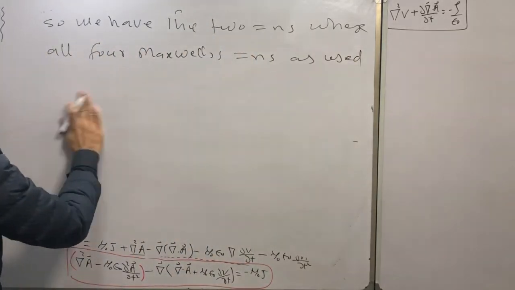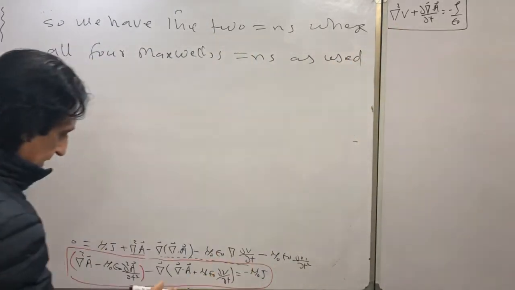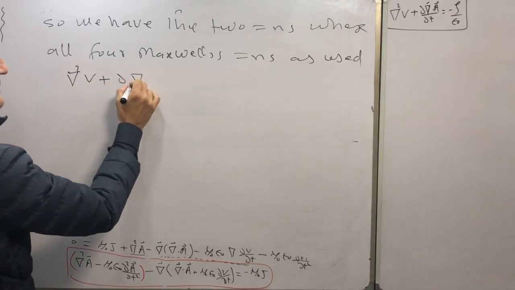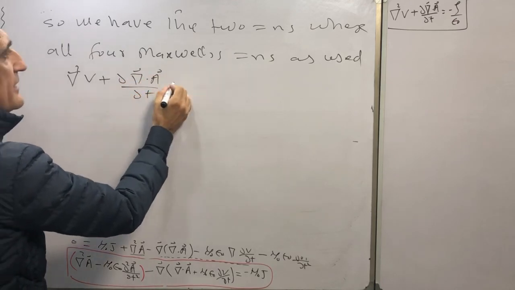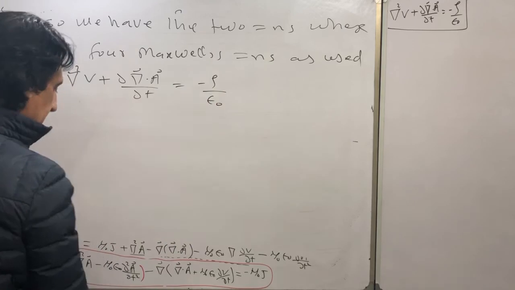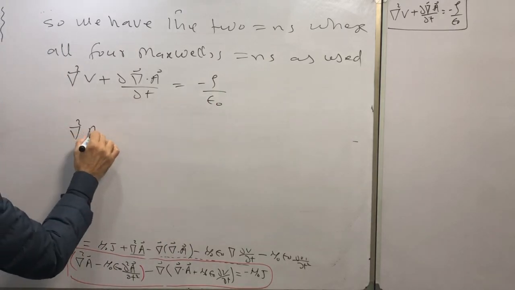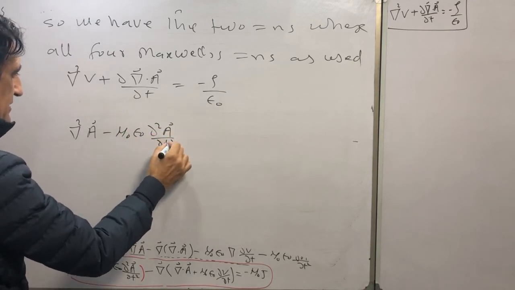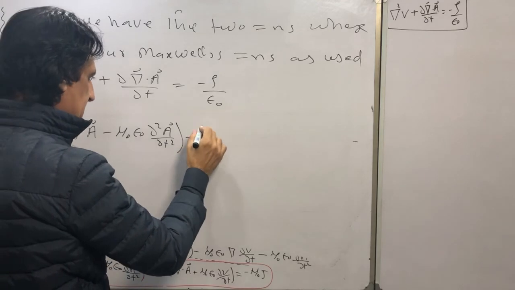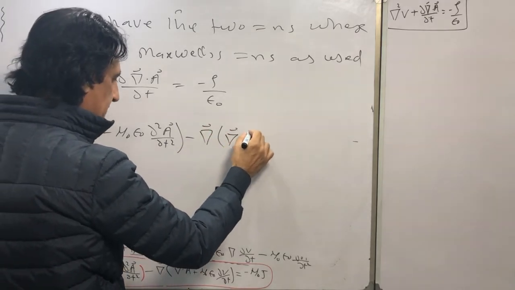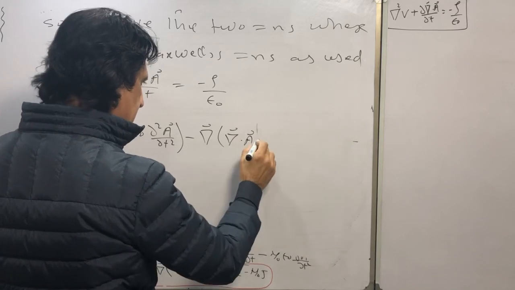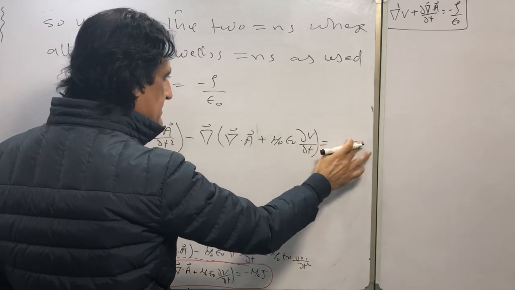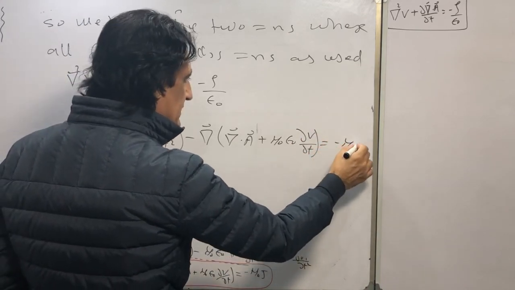So del square V plus partial divergence of A by partial t is equal to minus rho divided by epsilon naught, and del square A minus mu naught epsilon naught partial square A divided by partial t square minus del of divergence of A plus mu naught epsilon naught partial V divided by partial t is equal to minus mu naught J.